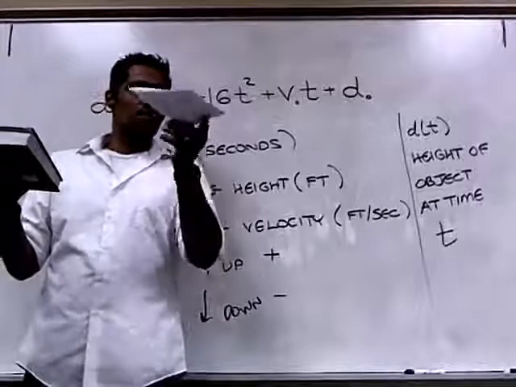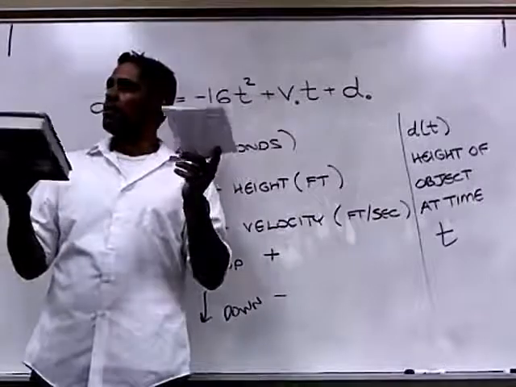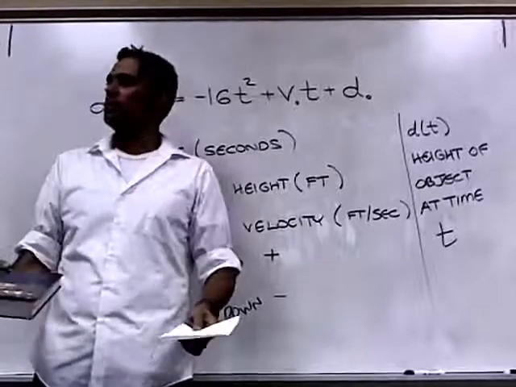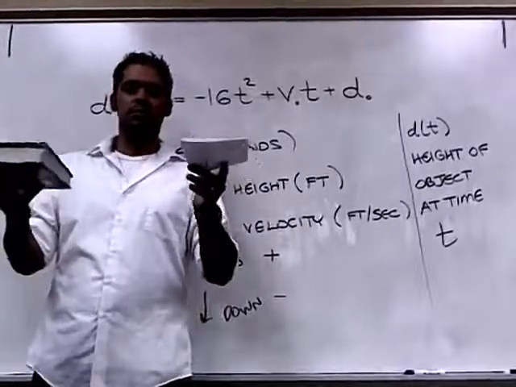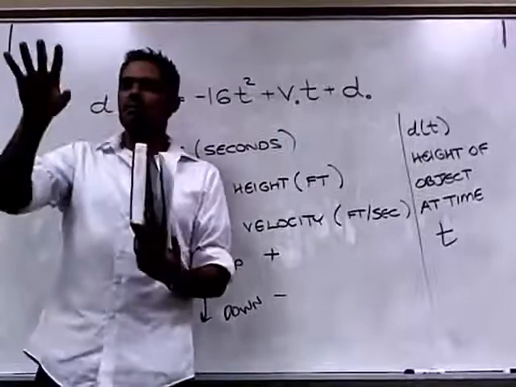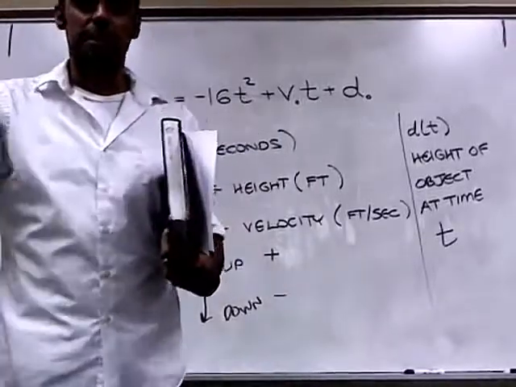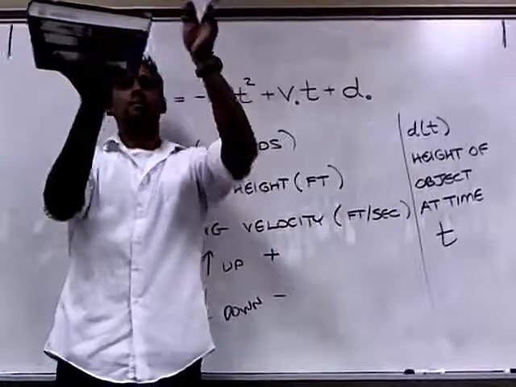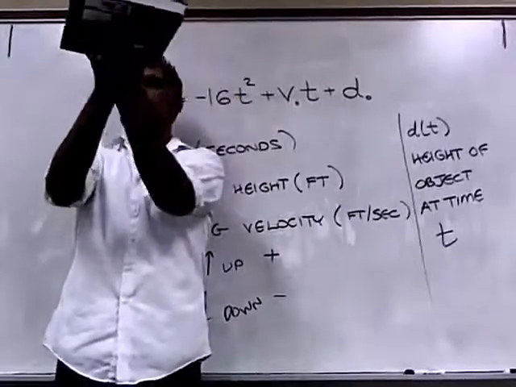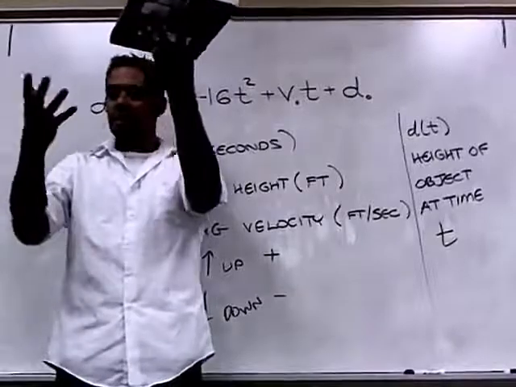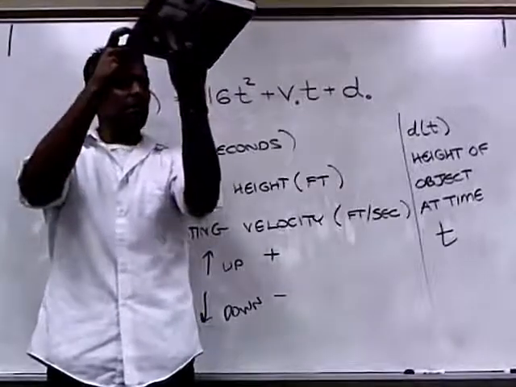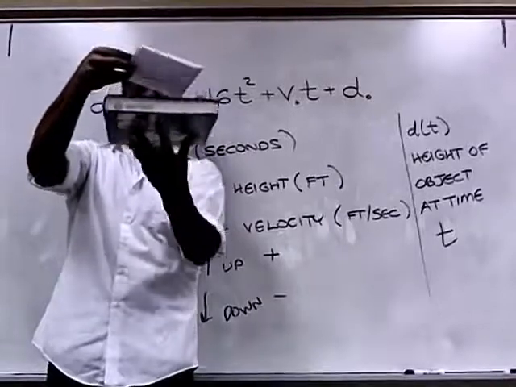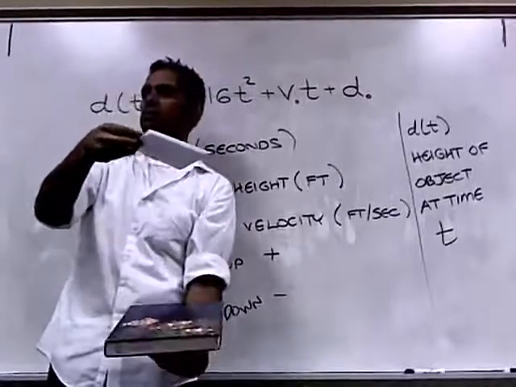The only thing slowing this paper down is air. If there was not air in this room, then these would fall together. And to prove it to you, I'll ask this question, which you don't have to answer. If you think it's because this is heavier, then if I put this paper on top of the book and let them go, and you think the book falls faster because it's heavier, then what should happen is the book should start falling faster and the paper should not fall as fast, right?